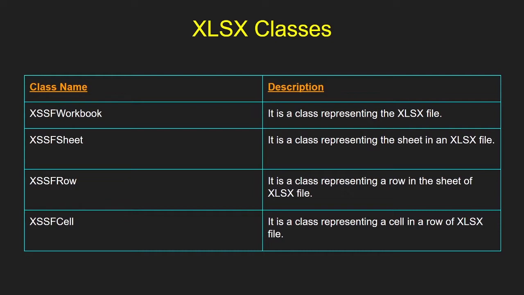In place of H, we will write X, that is XSSFWorkbook, sheet, row, and cell. The implementations and the functionality of each class remain the same. Let's not spend much time here. We will go to the Java coding part and see everything very closely.